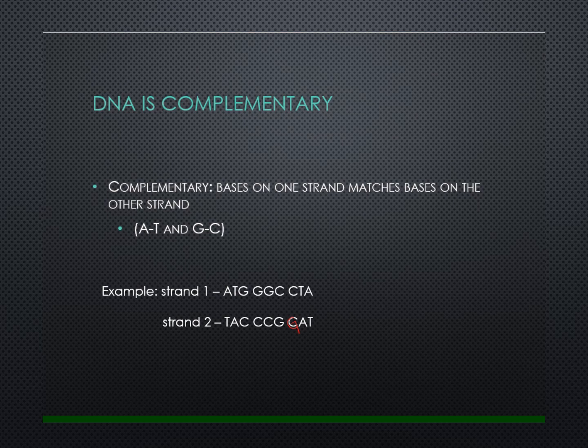So if we were to write our own strand, let's say T, A, G, C, A, T, knowing that A's and T's go together, what's going to go with this T? It'll be an A, right? And what's going to go with this A?